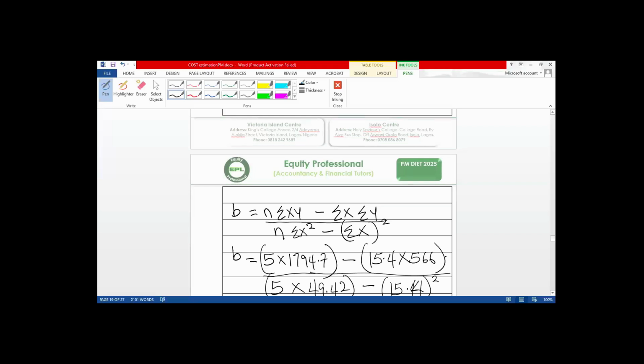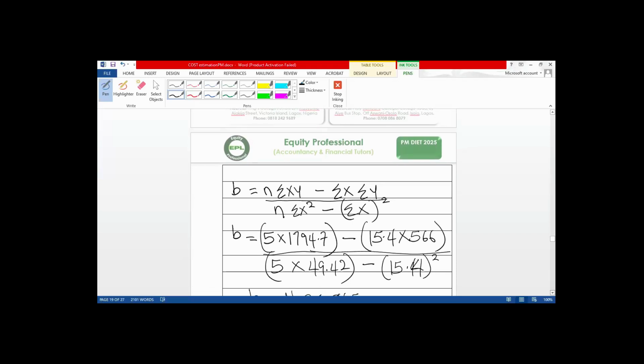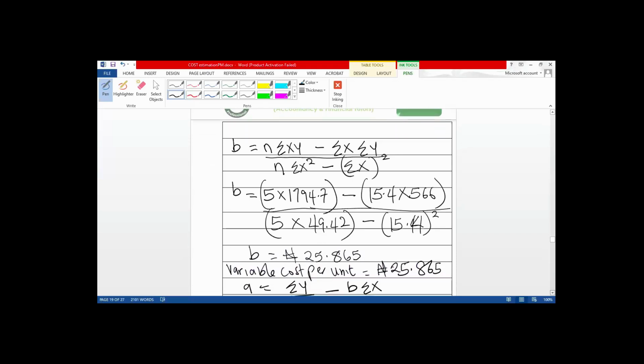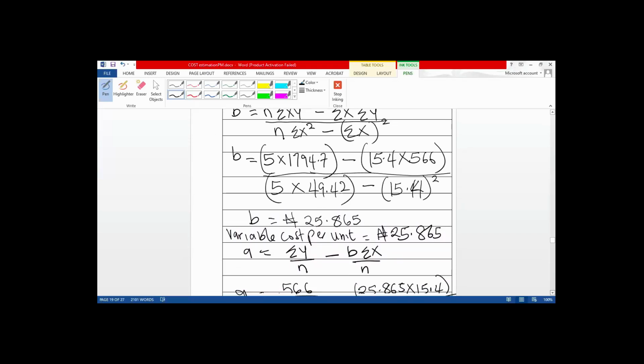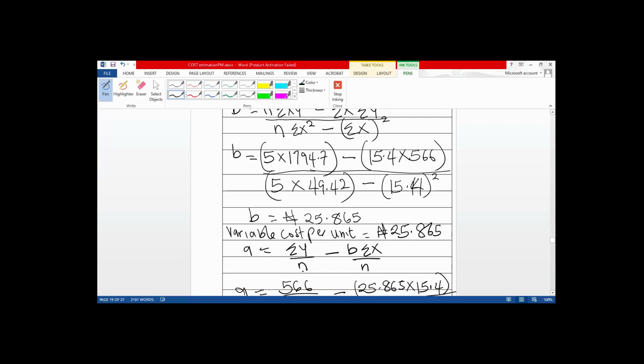But look at the formula for fixed cost. You only have n down. We didn't scale n down by 1,000, do we? N represents number of years. We didn't divide n by 1,000.